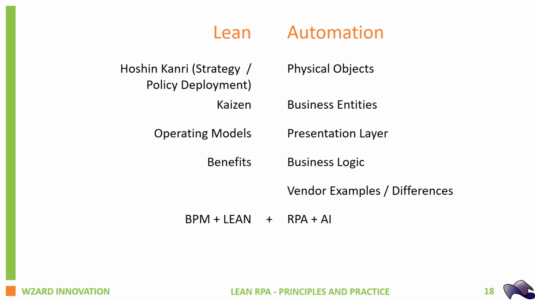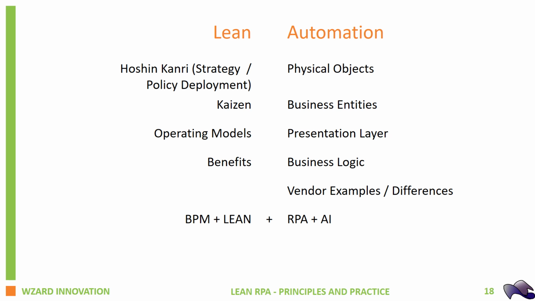Over this third segment of learning, we've covered the topics of Lean, such as Hoshin Kanri, which is about strategy and deployment. We've looked at Kaizen or continuous improvement, and we've looked at the different operating models, particularly around the Center of Excellence. And we've looked at the benefits you can achieve by combining Lean and Six Sigma.